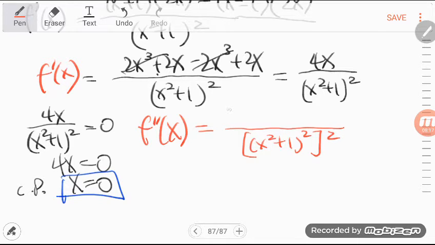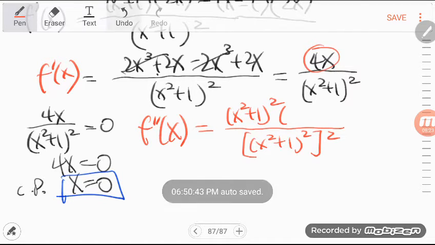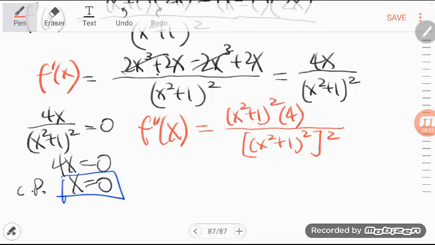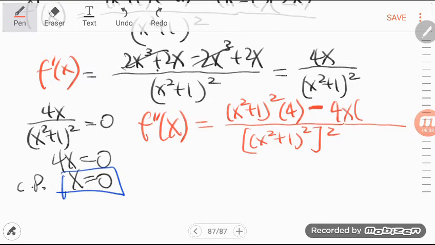And I will have x squared plus 1 squared. And if I differentiate the top, I'll get 4 minus, I'm going to keep the 4x, and I'm going to differentiate the bottom, right? This is quotient rule. I'm simply applying quotient rule.